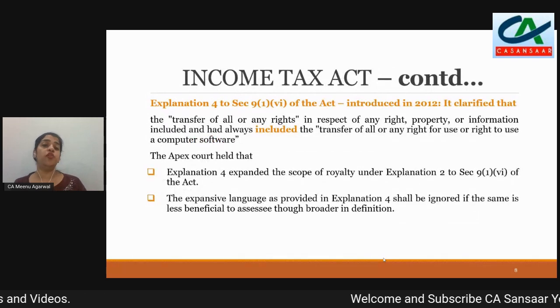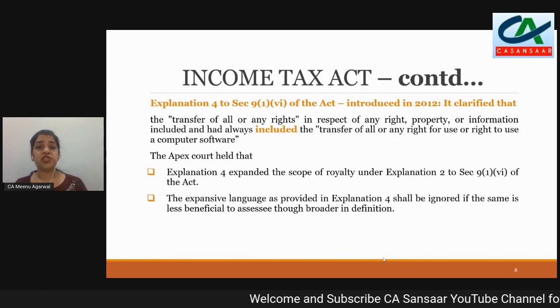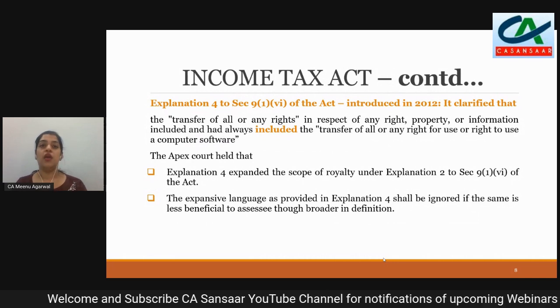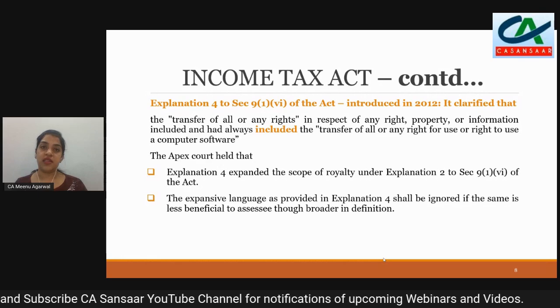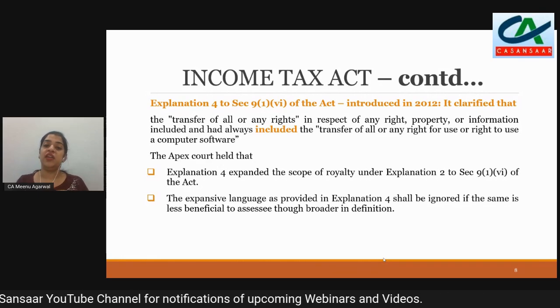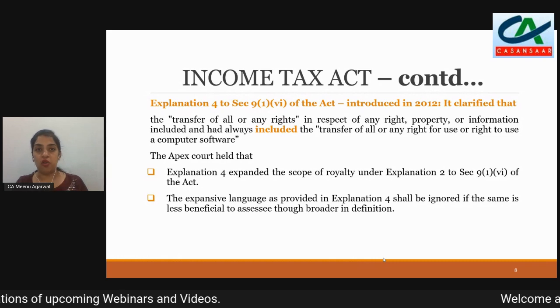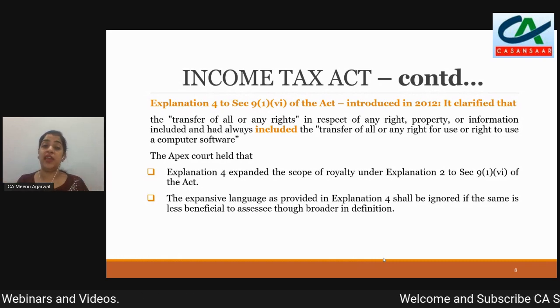Another contention of the revenue was that Explanation 4, introduced in 2012 to Section 9(1)(vi), was a clarification in itself, that if there is any transfer of all or any right for use or right to use a computer software, then it shall become royalty.